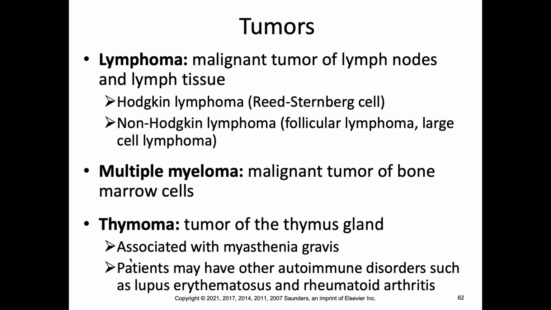And often people with myasthenia gravis find themselves with that. And it can be implicated in lupus, if you've ever heard of somebody with lupus, or rheumatoid arthritis. So you're going to want to just be aware of these.